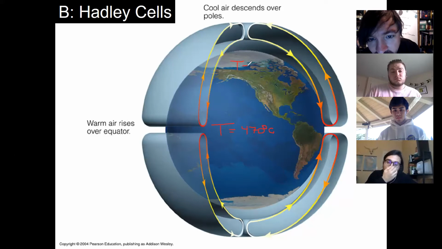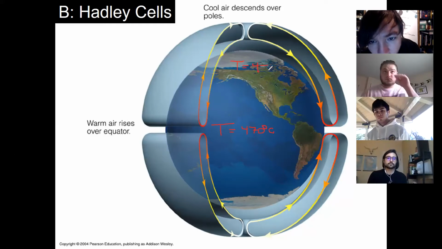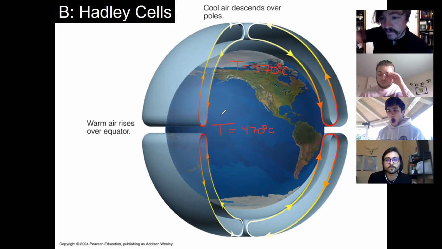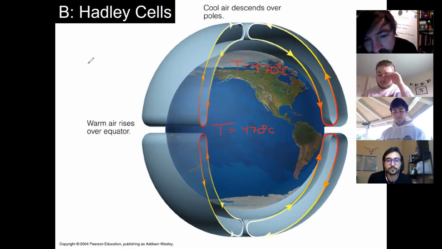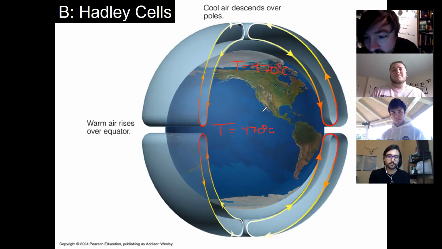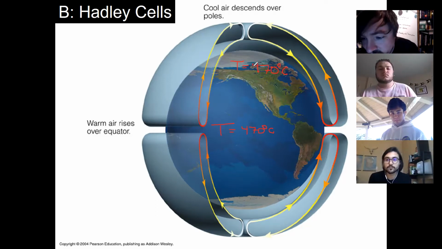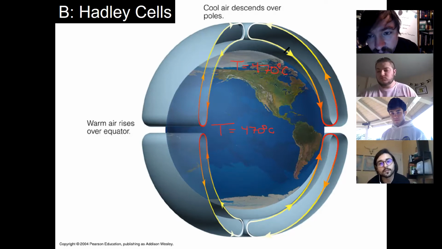Think about how weird that is, right? If you go to the North Pole on Earth, it's really cold compared to the equator. But on Venus, one Hadley cell is so effective at regulating the temperature that the planet has the same temperature no matter where you go. That's, of course, bad for any water that would have tried to exist on Venus in the past, right? Having one giant Hadley cell.